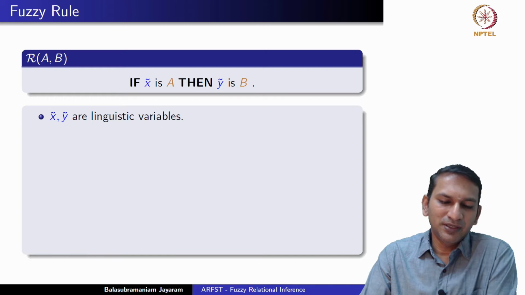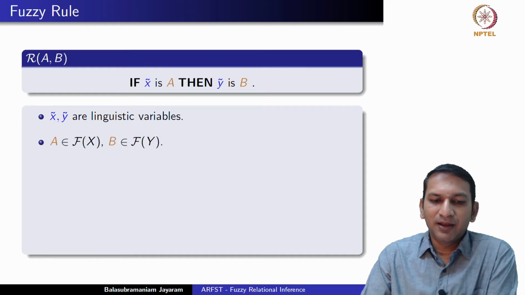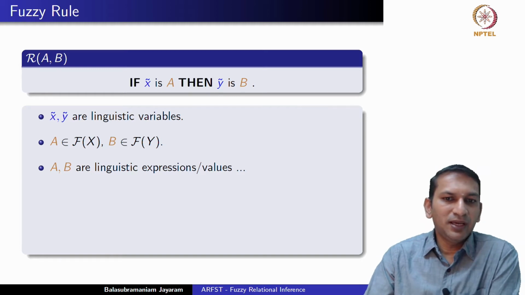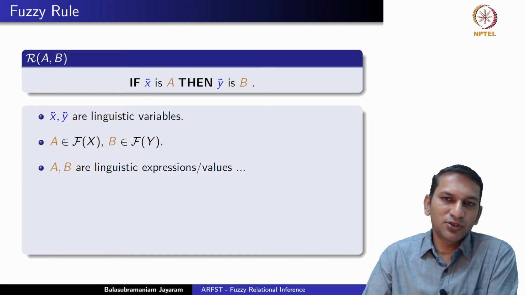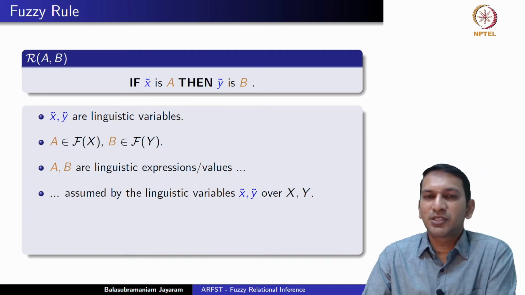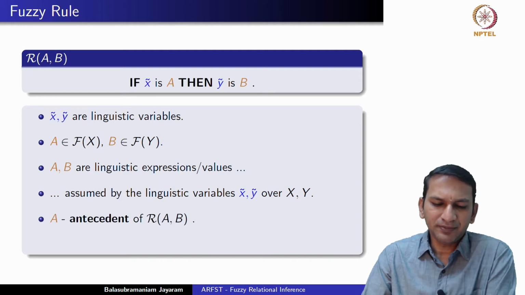One way is that x tilde and y tilde are linguistic variables, and if A and B are fuzzy sets over X and Y, the appropriate domains for x tilde and y tilde, then we look at A and B as linguistic expressions of values which are assumed by these linguistic variables x tilde, y tilde over the respective spaces X and Y.